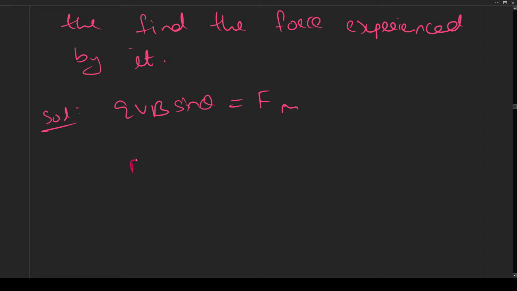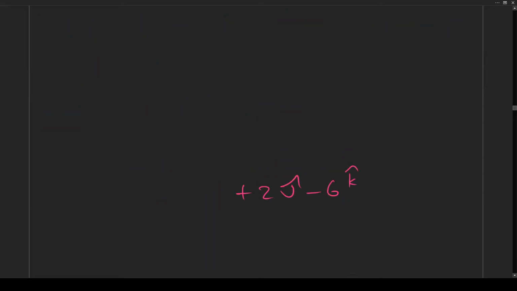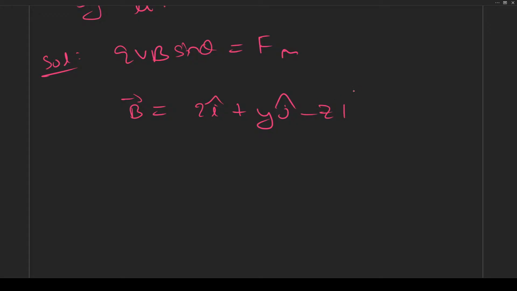The magnetic field B vector is equal to 2i cap plus y j cap minus z k cap, and v was equal to 4i cap plus 2j cap minus 6k cap.